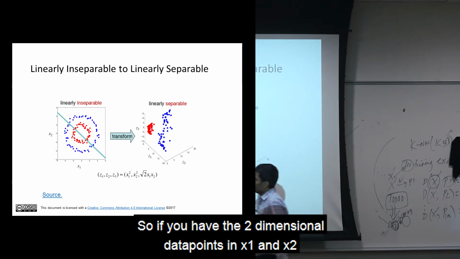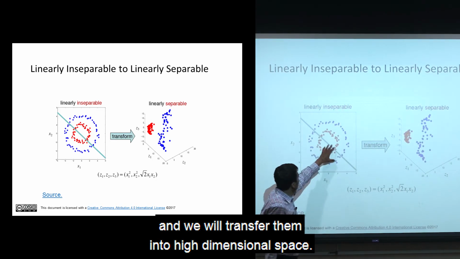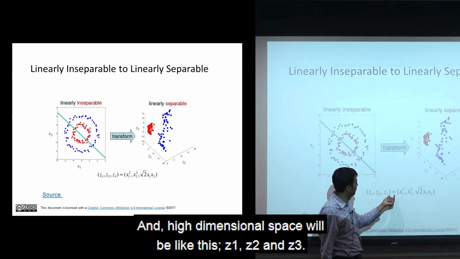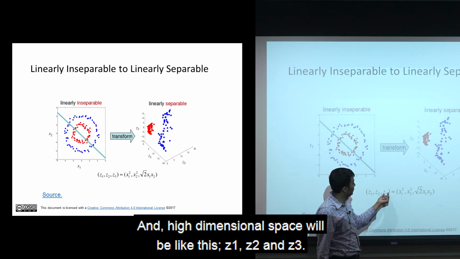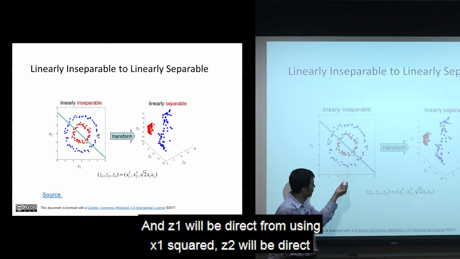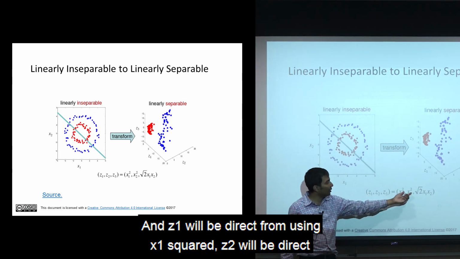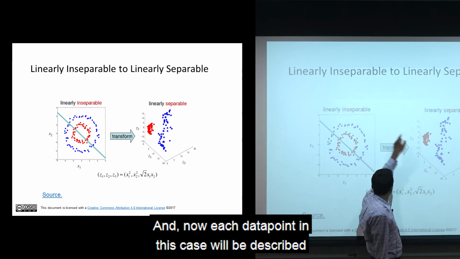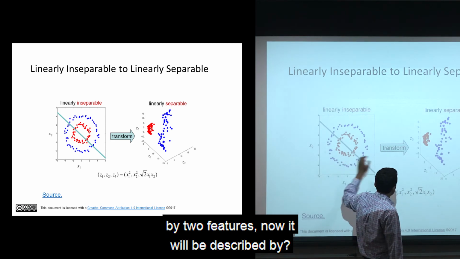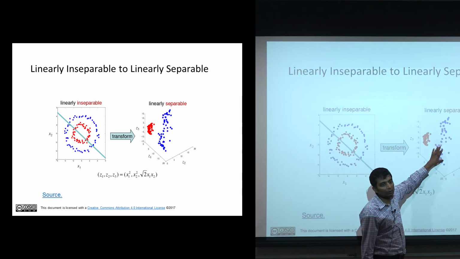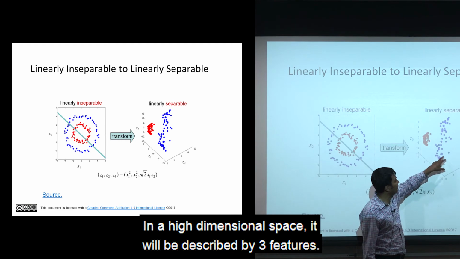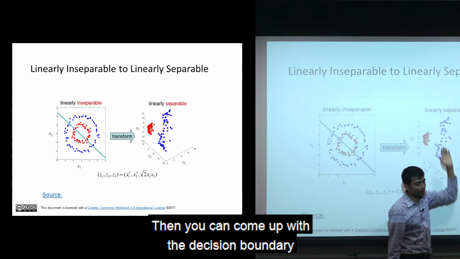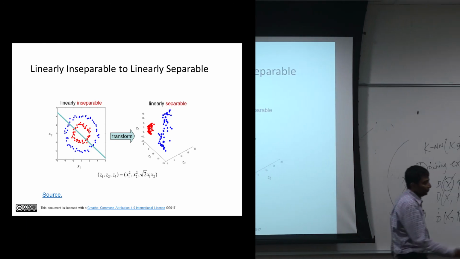If you have two-dimensional data points x1 and x2, we transform them into a higher dimensional space z1, z2, z3, where z1 is derived from x1 squared, z2 is derived from this, and z3 is something like this. Each data point was described by two features, and now in the higher dimensional space it is described by three features. And they will be linearly separable. Then you can come up with a decision boundary to separate them.